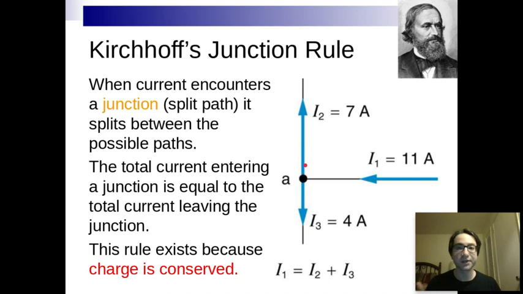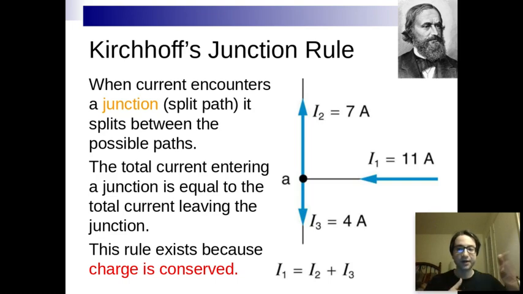Now, it didn't split 50%, 50%. It doesn't have to do that. That's not what the law means. It just says you're going to have the same total amount. The electrons with their charge are not going to jump out of the circuit. They're not going to somehow be consumed in the circuit. So it's really just a matter of conservation of charge. I've got 11 coming in.